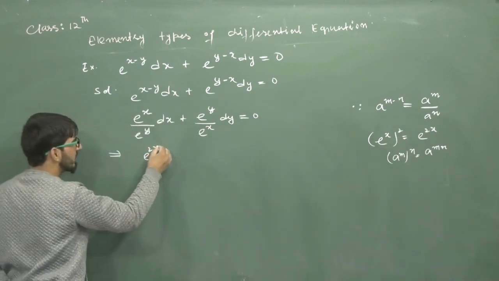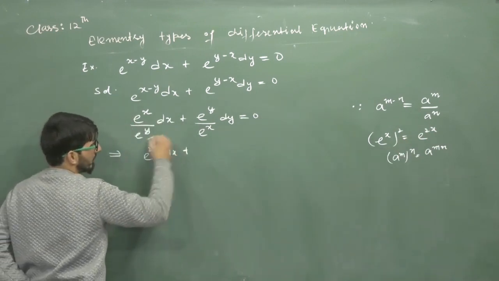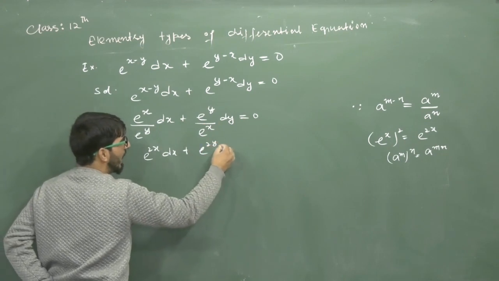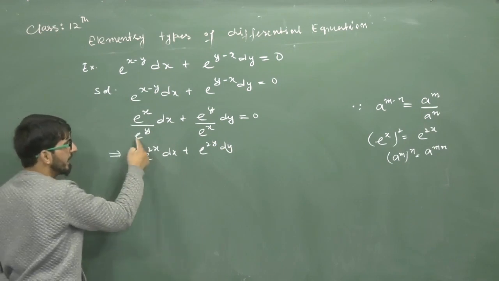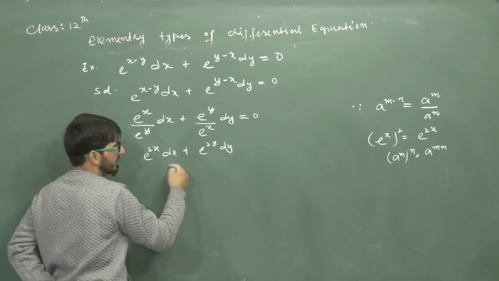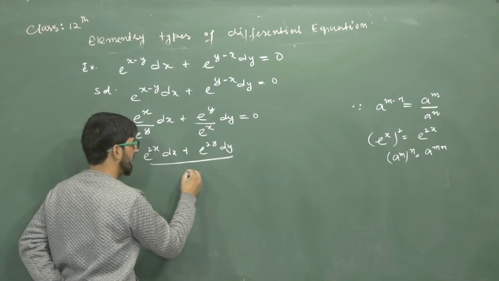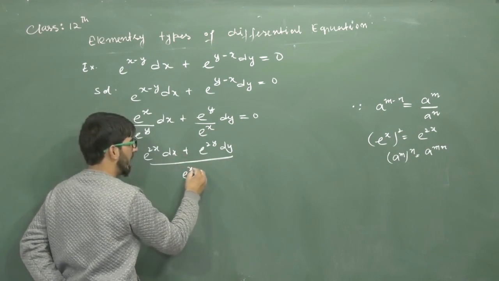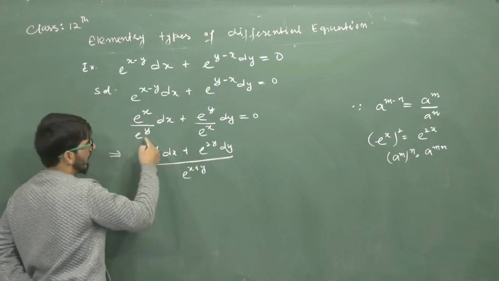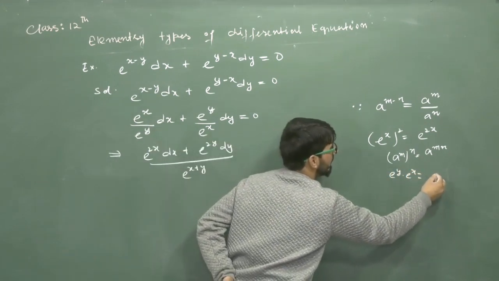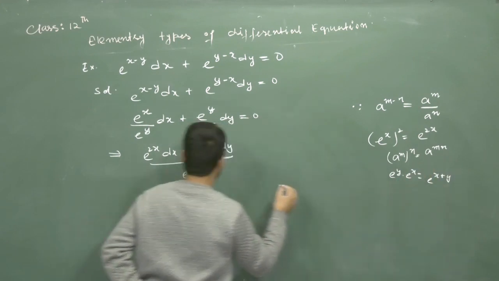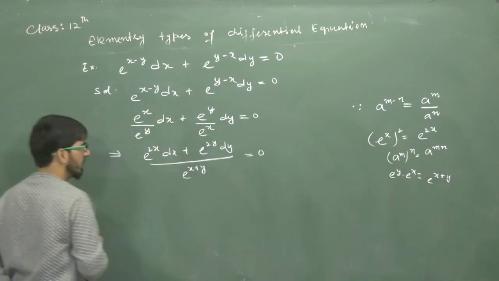So this is 2x dx plus e raised to power 2y dy divided by this whole term, e raised to power y, e raised to power x, divided by e raised to power x plus y, because e raised to power y into e raised to power x is equal to e raised to power x plus y, is equal to 0.